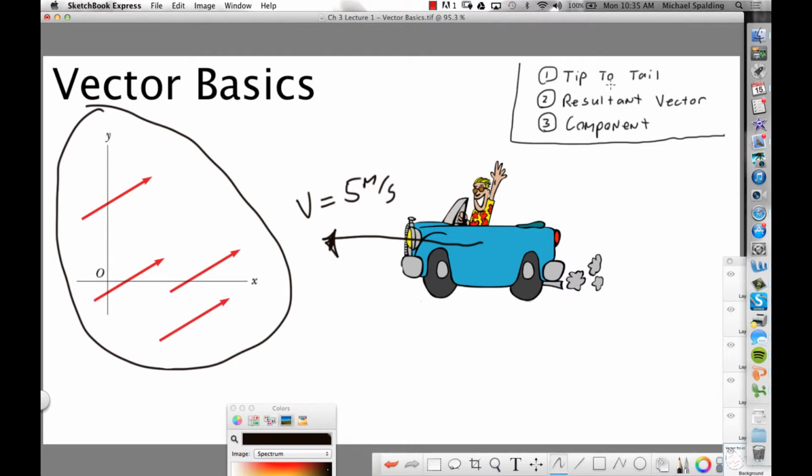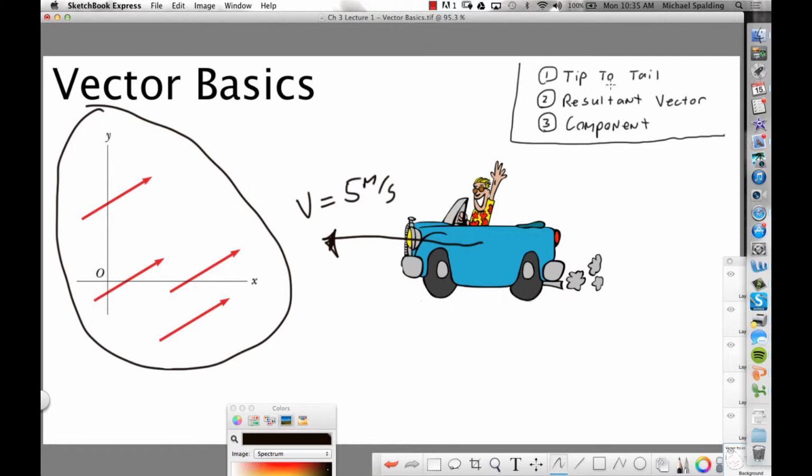Okay, the first phrase, tip to tail. Here's what I want you to write down: vectors being added are always placed together tip to tail. It's a very common vector thing to know. Vectors to be added must be placed together tip to tail.